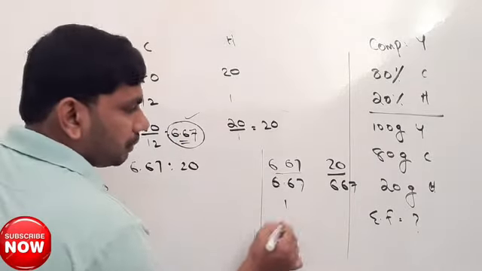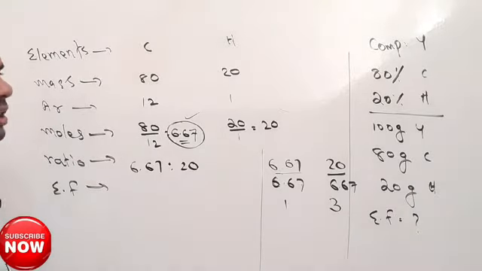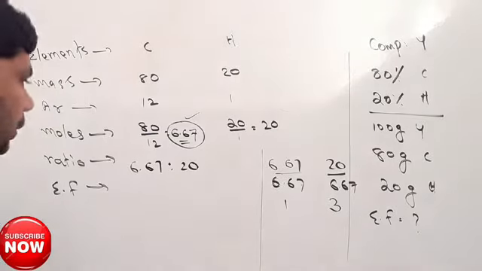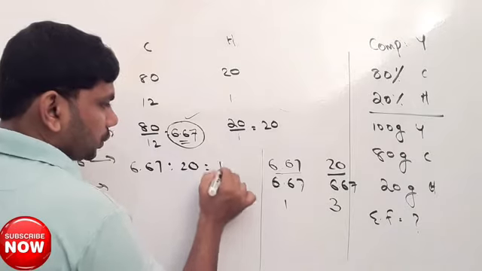So here the answer will be 1 and here the answer will be 3. You can check, 20 divided by 6.67 is 3. So here the ratio is 1:3.